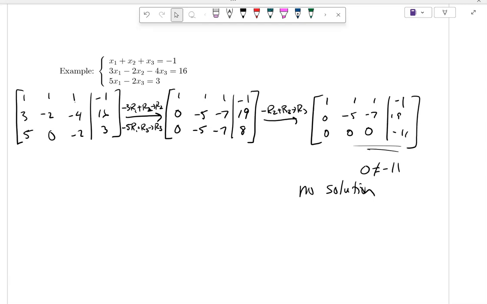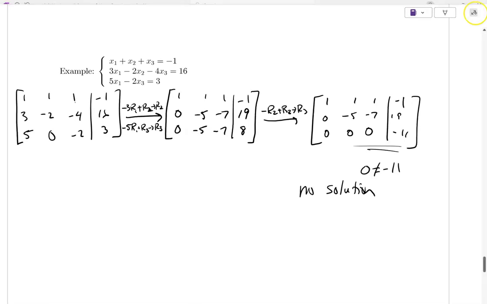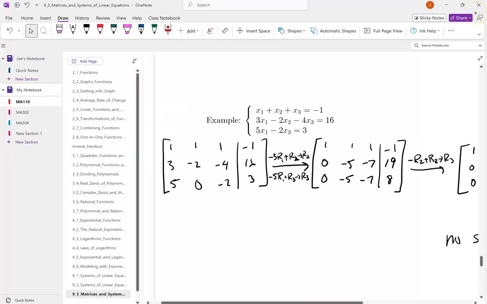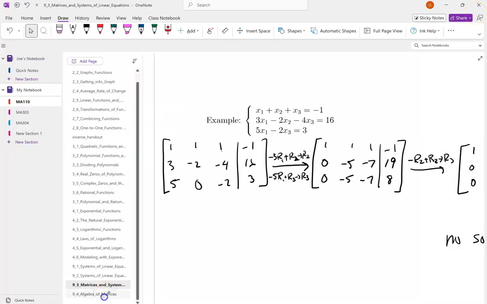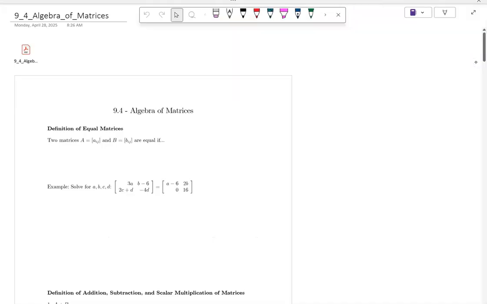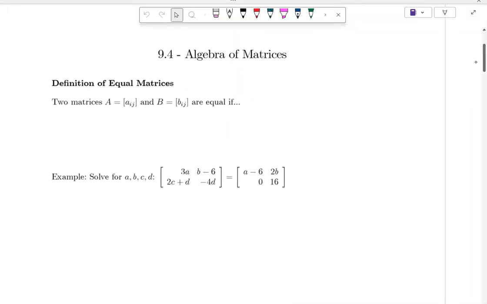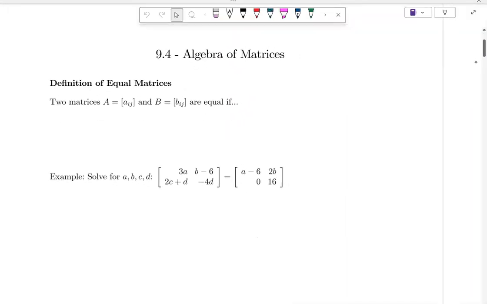So section 9.4 talks about what's referred to as the algebra of matrices. The first part talks about wanting to see what needs to happen in order for matrices to be equal. We've already talked about what a matrix is.